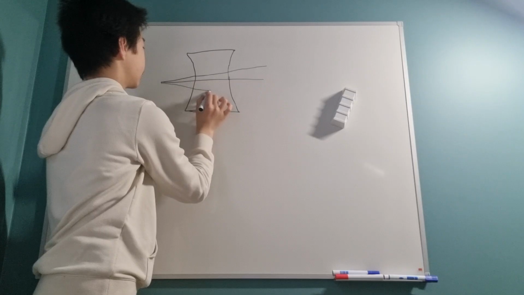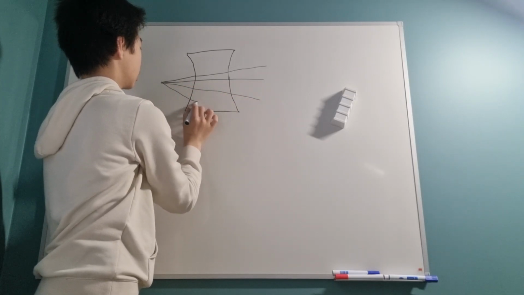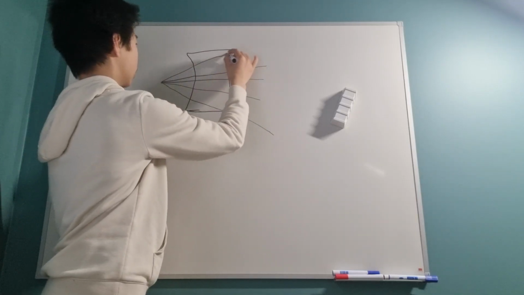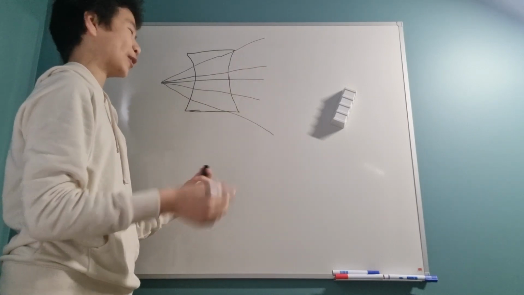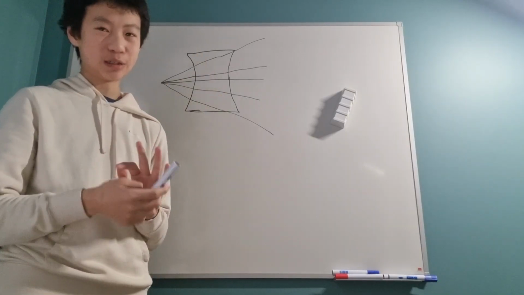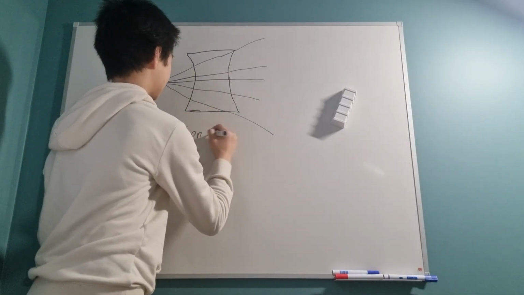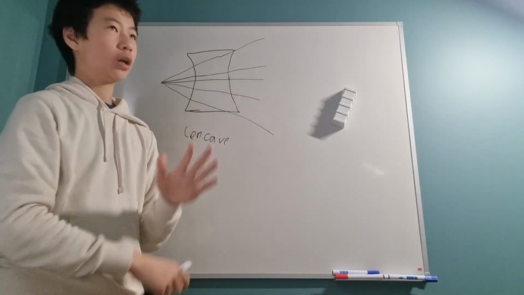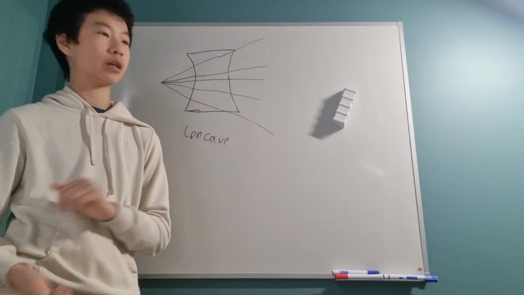And let's say you go here, then it's diverging even further. So this is kind of exaggerated for dramatic effect, but the main thing you need to know is that the concave lens can diverge light.